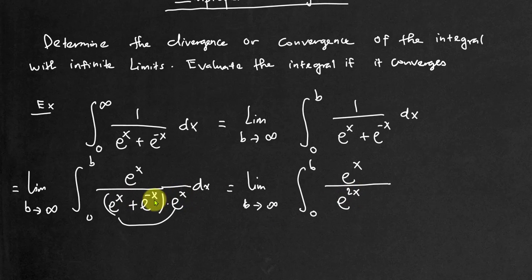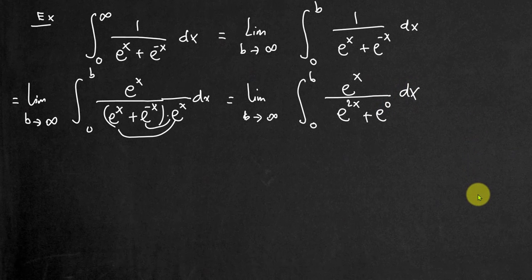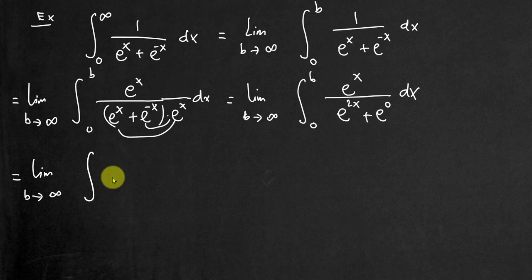And e to the x and e to the minus x, when you multiply them together, you will get e to the 0. Now we can simplify this one more time. I have e to the x here, and then e to the 0 is just 1, plus e to the 2x, dx.